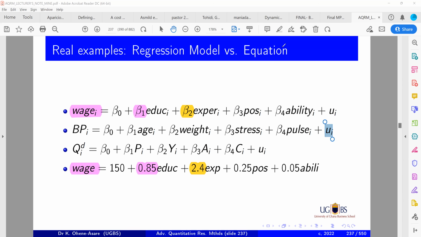So the essence of the regression is to find this error term factor. Justice, you have a question. Doc, please, I want to find out what is the relationship between the error term and the B naught, because if the error term is going off and the B naught has no independent variable attached to it, is there any relationship between the B naught and the error term? So the B naught, I told you that it has no economic meaning.